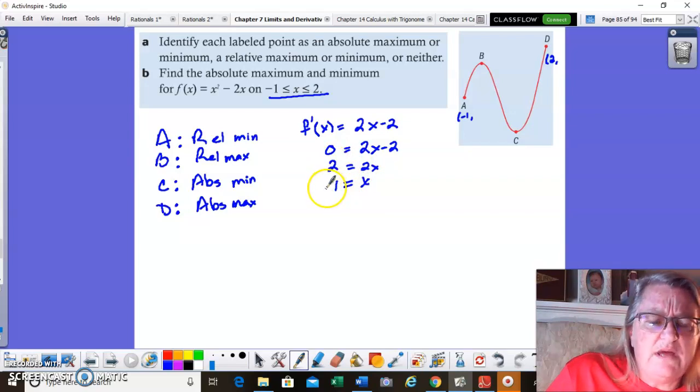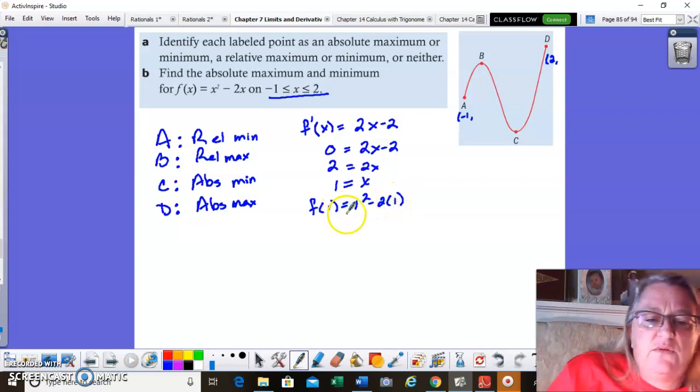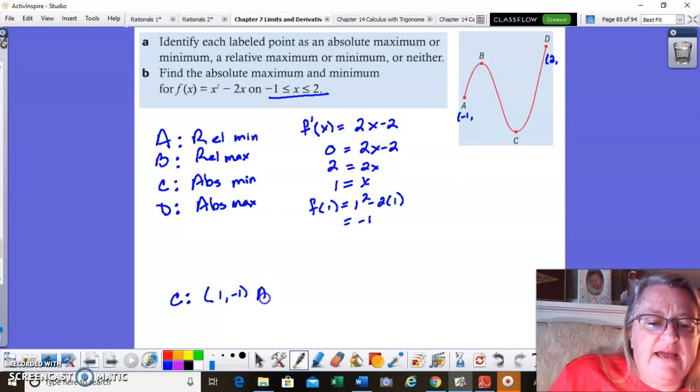And when x equals 1, the original graph at 1 is equal to 1 squared minus 2 times 1, right? Yes? Okay, so that would be 1 minus 2, that's -1. So it looks like my letter C is at (1, -1), and that is my absolute min.